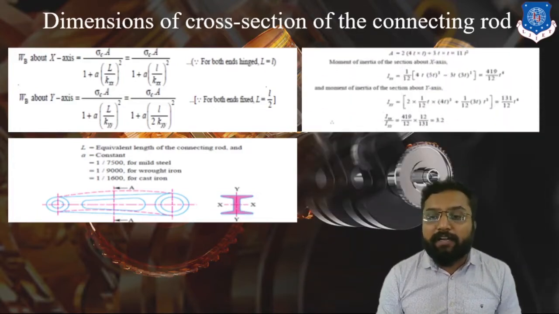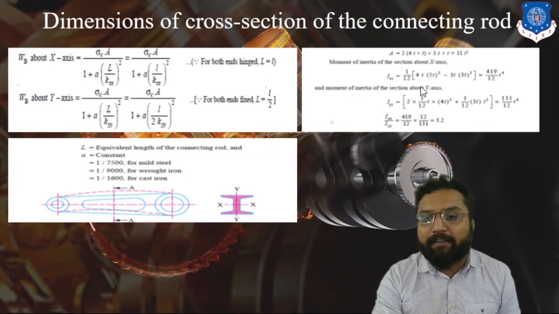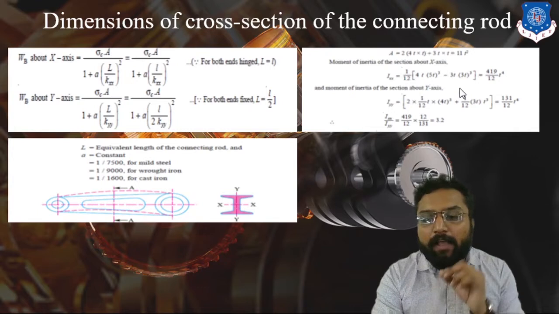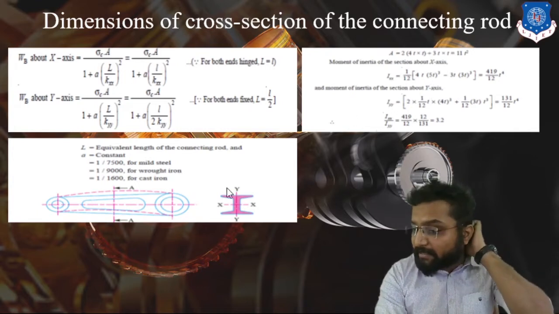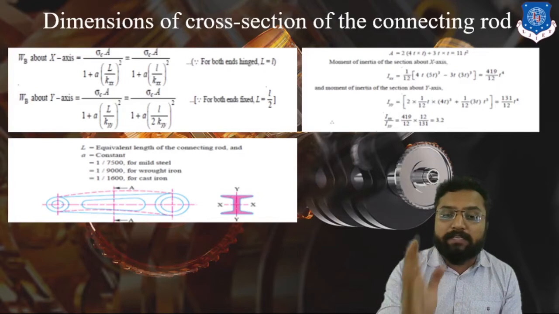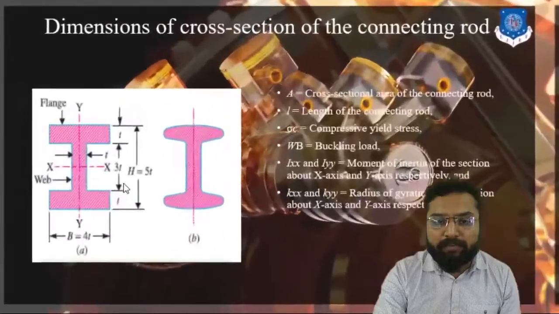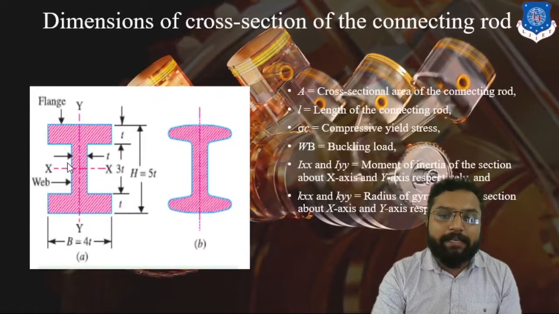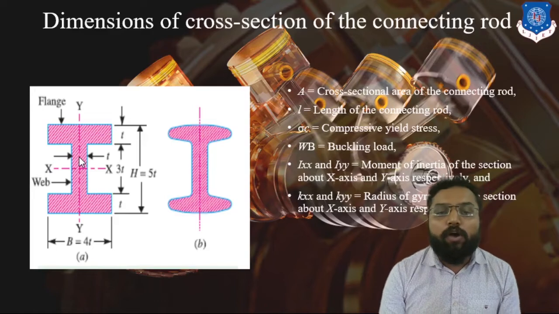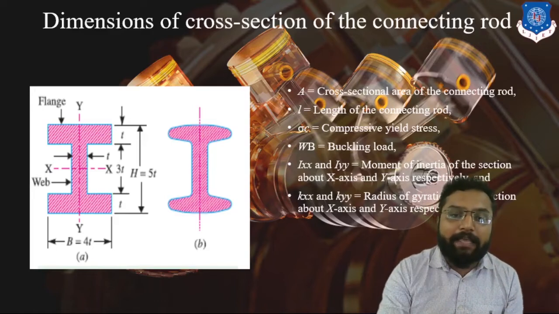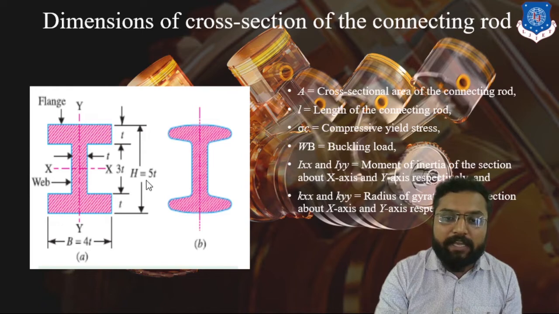For that, we have to determine our Ixx and Iyy. Here you can see Ixx and Iyy. For Ixx, we have to consider how we are going to design this. To design this Ixx, we have to consider the I section from the horizontal plane. Here in the previous slide we talked about the horizontal plane. Let's get back to that previous slide. If I want to find the moment of inertia from the horizontal plane, I can consider the cross section area of the I section as a whole, a full rectangle.